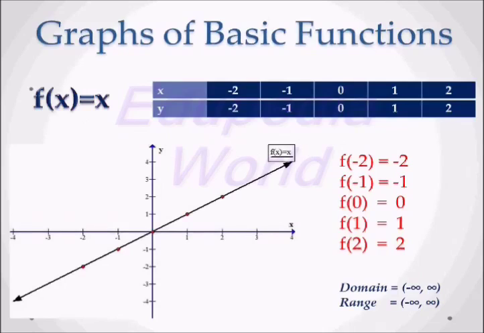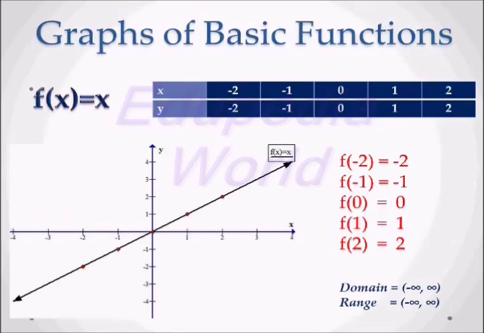Let us look into graphs of basic functions. The first one, f of x equals x. Here I substitute some values for x and got the corresponding graph. We can have the privilege of choosing any values between minus infinity to infinity for x.